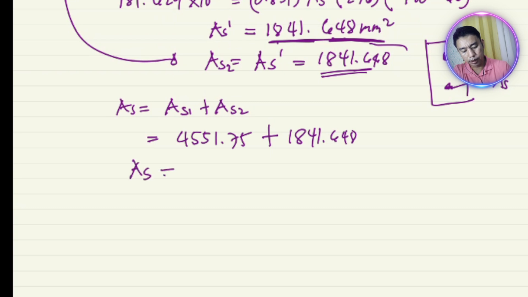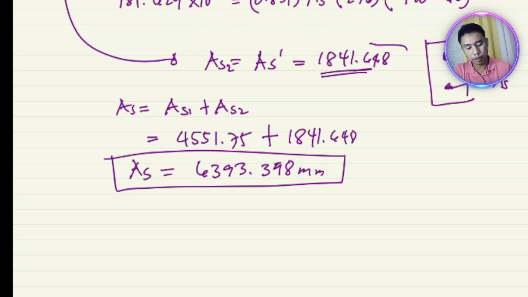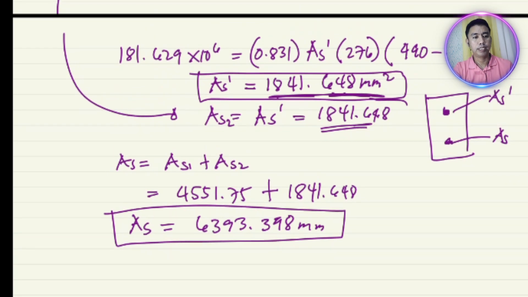Wherein As or the total area, ito na yung As, is equal to 6393.398 mm squared. Okay, so ito yung hinanap natin, total area ng rebar sa baba and then total area ng rebar sa taas.